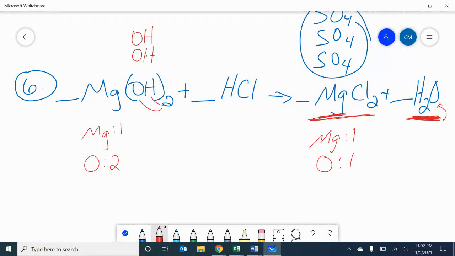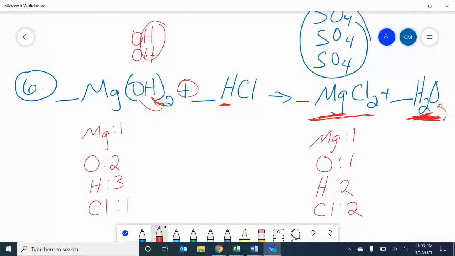Hydrogen on the left. Well, I've got these 2 right here because of my 2 H's, and then I have 1 right here. I've got to add. So I've got 2 plus 1. I've got 3 H's, which is an odd number. It's usually not good to have an odd number. Okay, well, on the right side, I have 2 H's. Okay, last thing, chlorine. On the left, I have 1. On the right, I have 2.